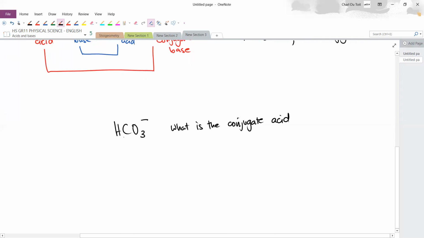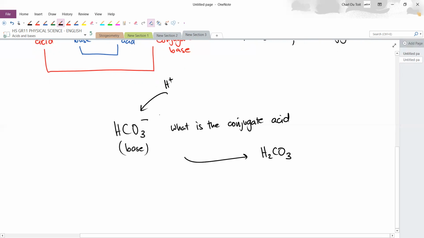What would make it a base? It would receive a proton, a hydrogen. So the conjugate acid will be the base after it has received another hydrogen. So it becomes H2CO3, and I don't have a minus anymore because I've added a plus. Because you added a proton, the two charges cancel one another.